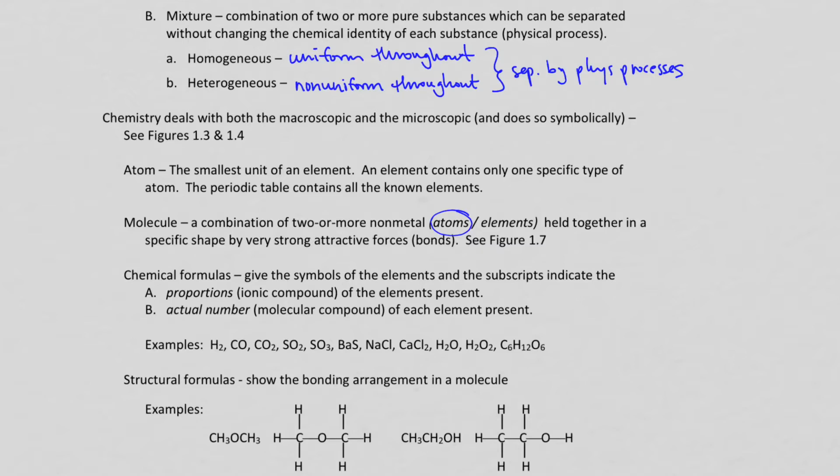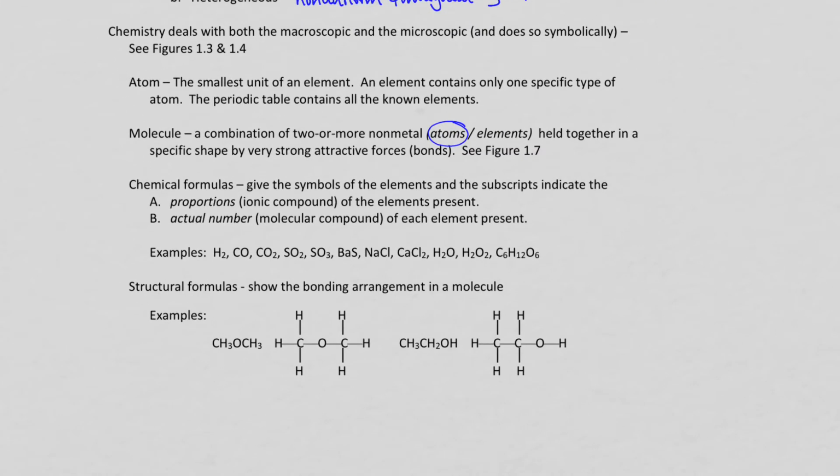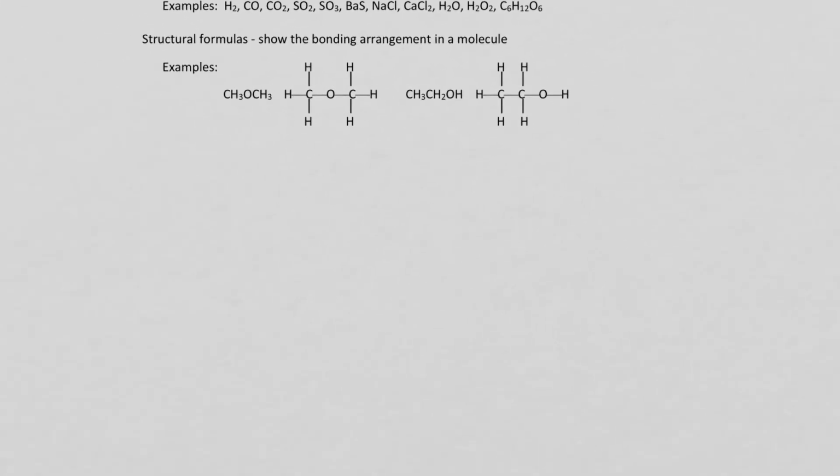Chemical formulas give symbols of the elements and the subscripts, which indicate either the proportions of elements in an ionic compound or the number of each in a molecular compound. Now I'm saying words as to compounds, so we'll make a little chart here.